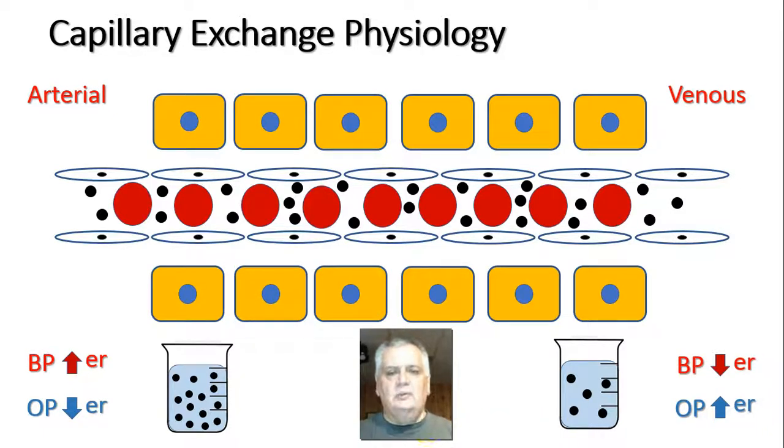So what's going to happen is as the water squirts out, so to say, into the tissues, the interstitial fluid is going to become more watery, less hypertonic and more hypotonic, while the blood plasma is going to start to become more and more hypertonic as we move again from the arterial side to the venous side.